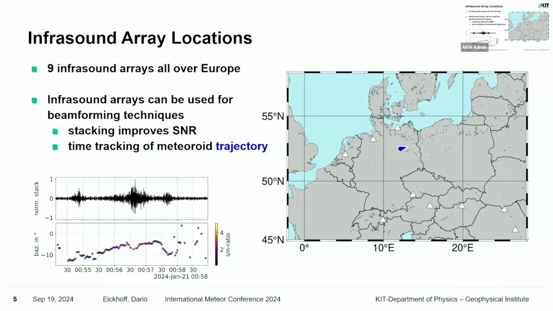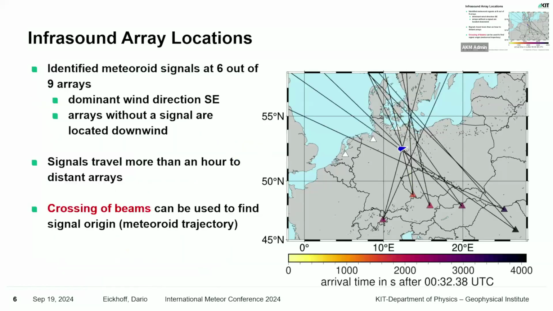But more important is the bottom plot here, which we can use to actually time track the meteoroid. So we have on the bottom left the back azimuth over time information, which we can use to track the meteoroid flying from left to right here on this map. And we can, of course, do this for all our stations, and we can produce a nice confusing plot like this.